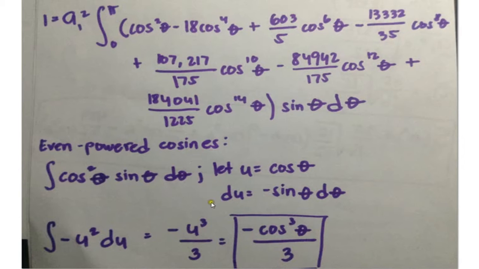So for even powered cosines, you just let a letter represent cosine theta. So why cosine theta? Because when you get the derivative of it, you will get negative sine theta d theta, which is the same thing as this one without the negative sign.